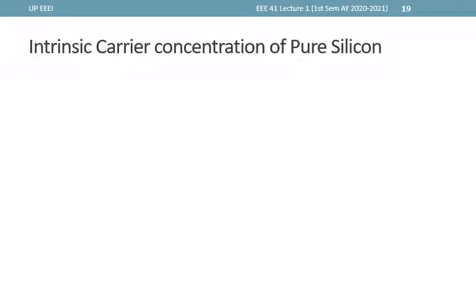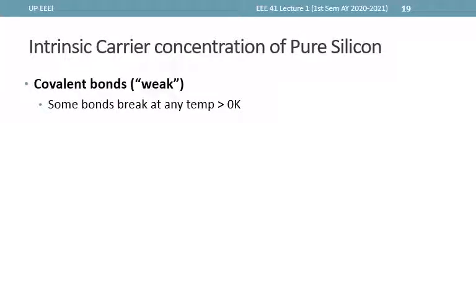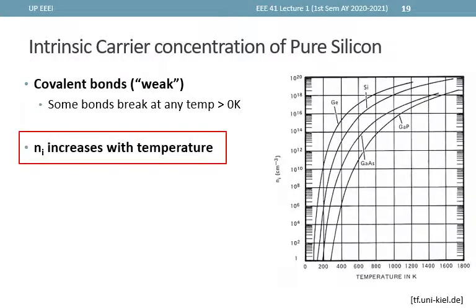So what is the intrinsic carrier concentration of pure silicon? We recall that covalent bonds are weak enough such that some of the bonds will break at any temperature greater than 0 Kelvin, such that at room temperature a considerable number of these bonds are actually broken.